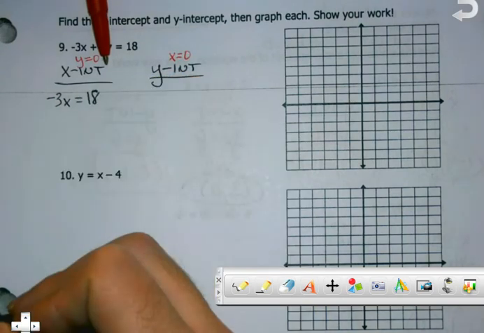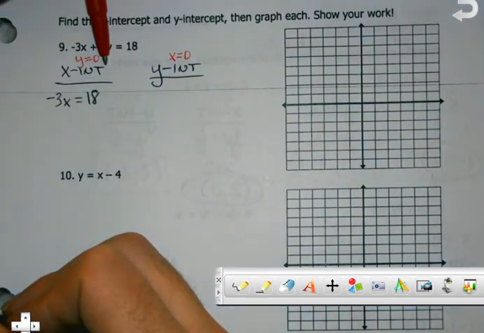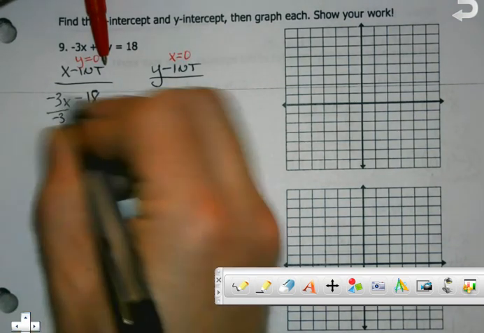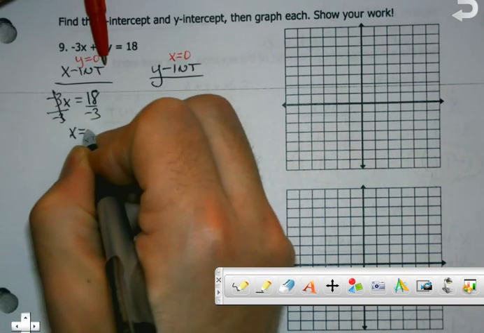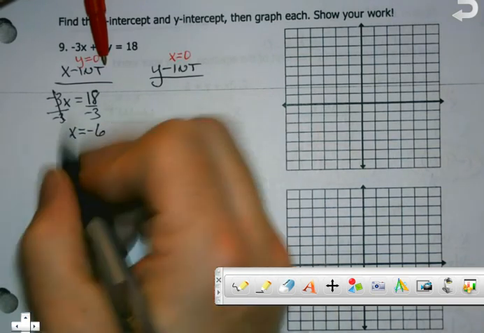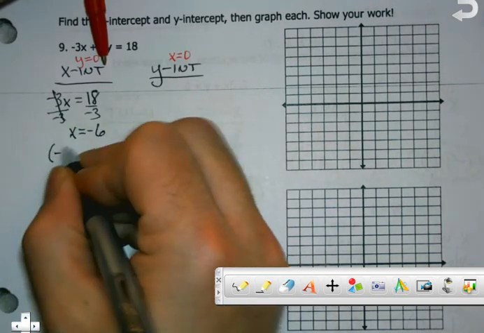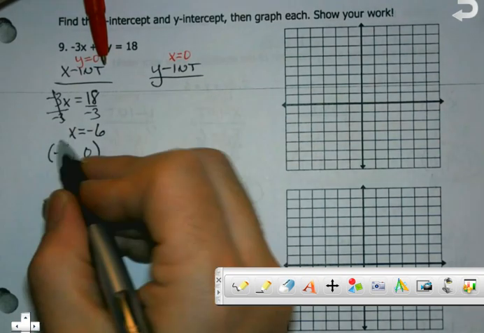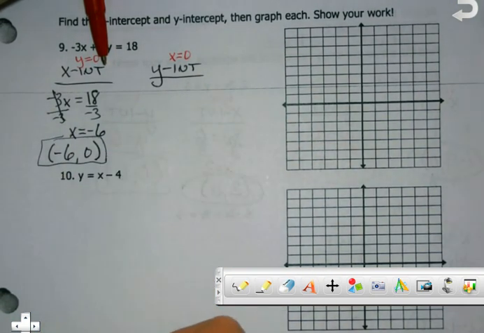We work that out. What's my last step to get x alone then? Divide by -3. And again, when I go to make my point, it's x and then y. And we'll graph this in a minute, but for now I'm just going to solve.